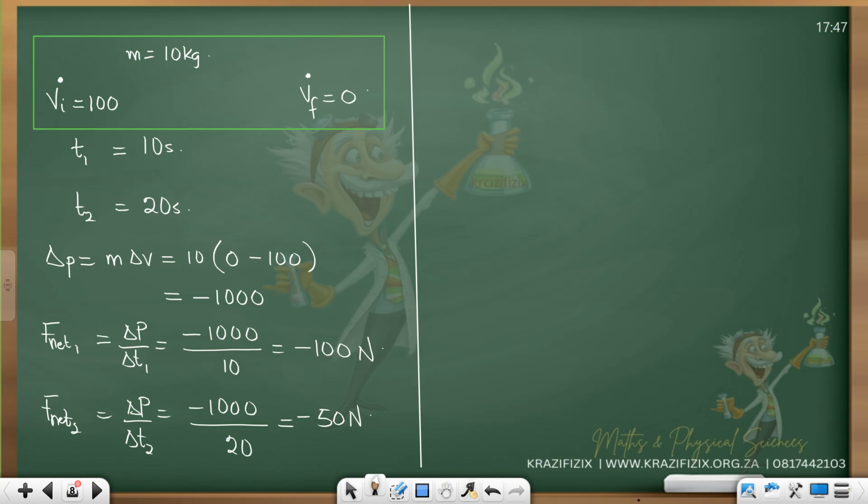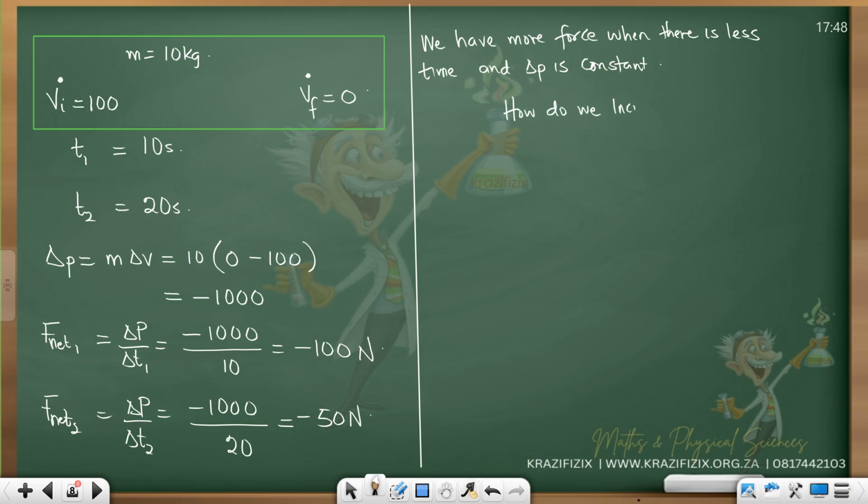We have more force when we have less time. Very important. We have more force when there is less time and change in momentum is constant. How do we increase time?